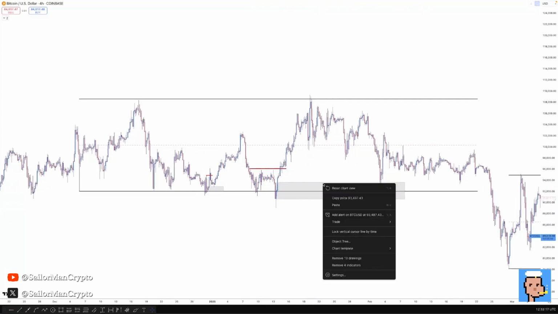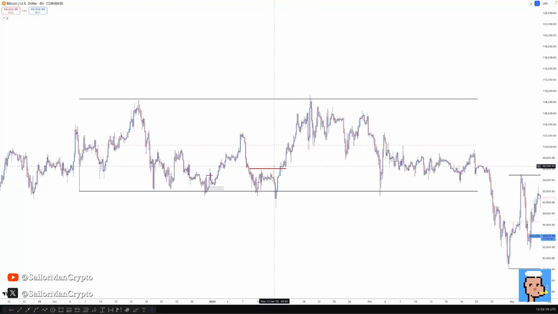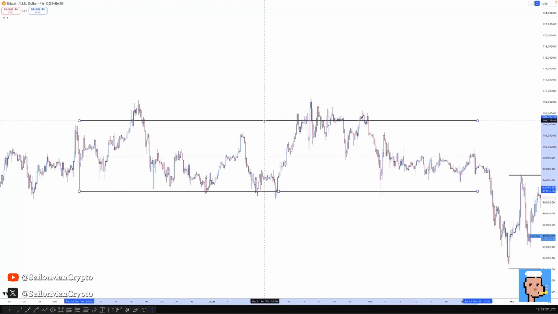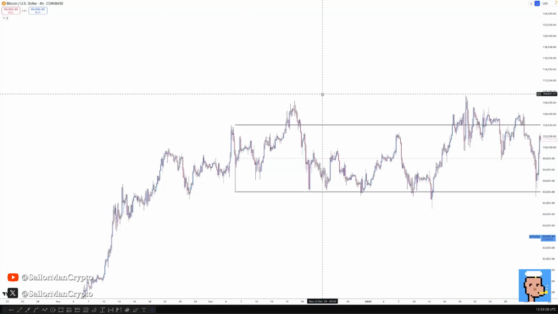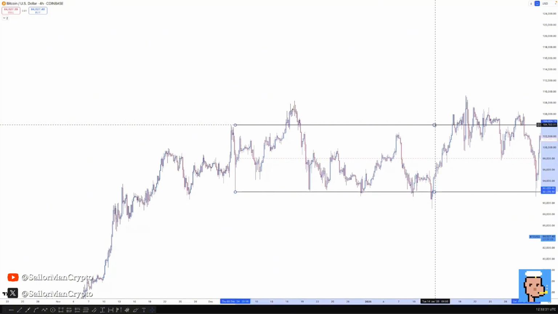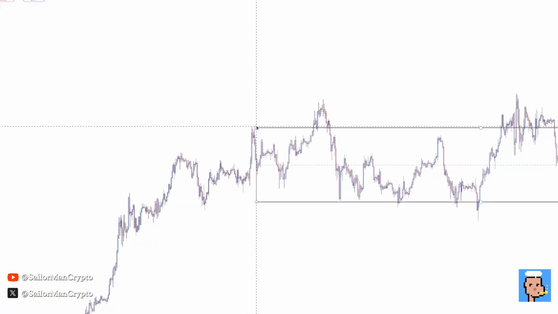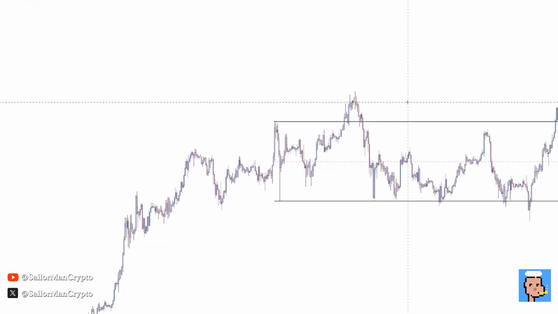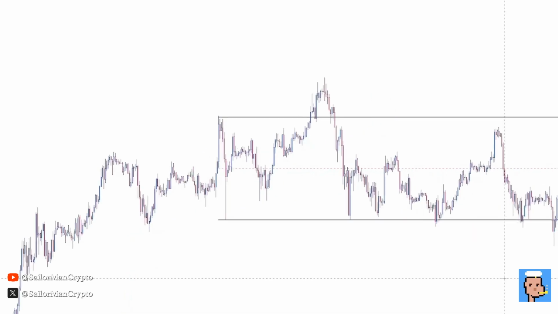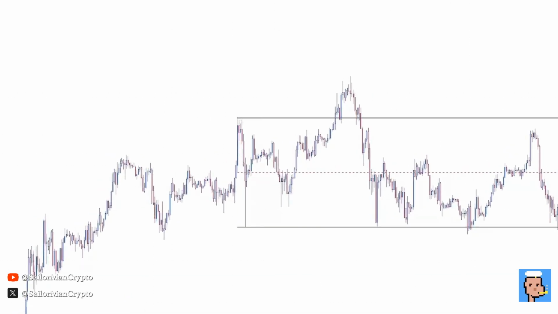You can see we did have a small deviation. So here at the beginning our range was supposed to be like this. First swing high and swing low. We did have this deviation here. So the price created range high, range low.